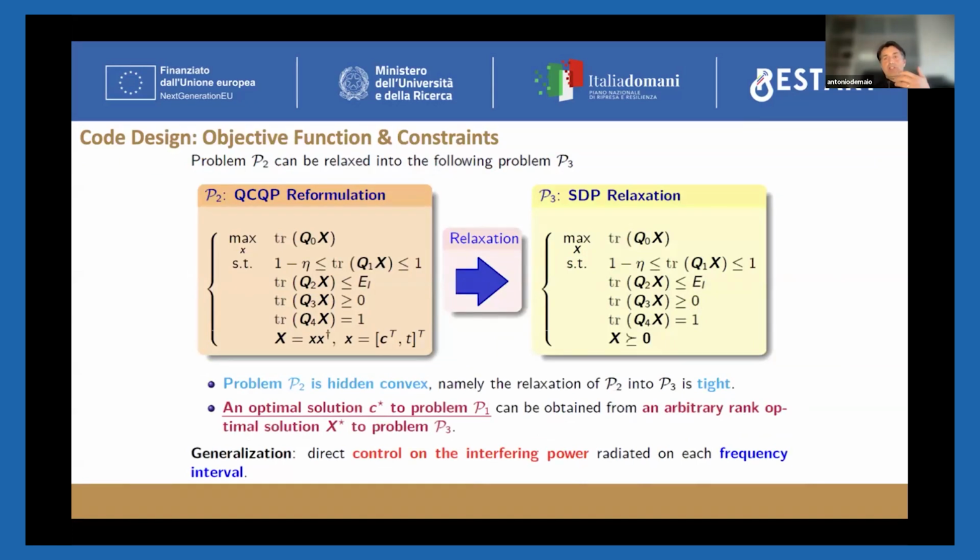I want to just mention that additional research has been conducted in this field to perform also a direct control on the interference power which is radiated on each frequency interval, so as to address a local control on each shared bandwidth, and also to account for constant envelope signals to comply with the amplifiers that are operating in saturation conditions.